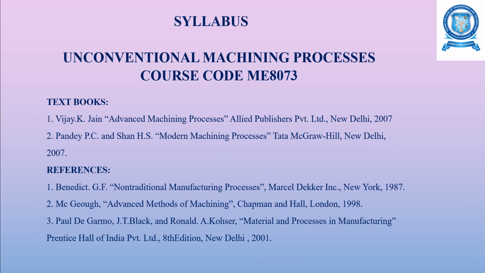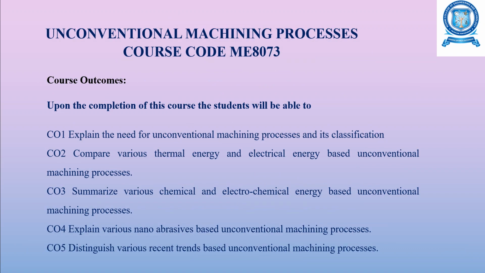So these are all the textbooks and reference books for this course, Unconventional Machining Processes. And the course outcomes are that the students, upon completion of this course, will be able to explain the need for unconventional machining processes and their classification from Unit 1. From Unit 2, they will be able to compare various thermal energy and electrical energy based unconventional machining processes.